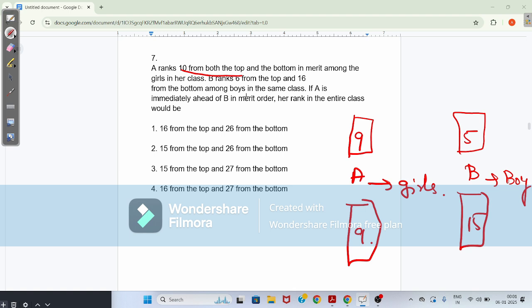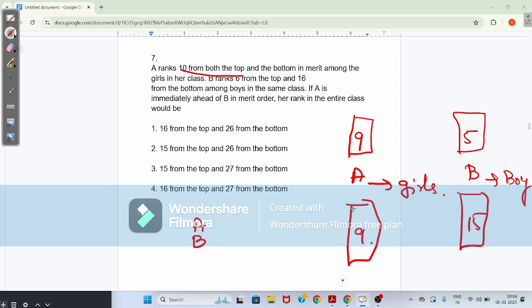In the same scale, if A is immediately ahead of B in the merit list, what is her rank in the entire class? Now A is on top of B here, so there are no members between A and B here.